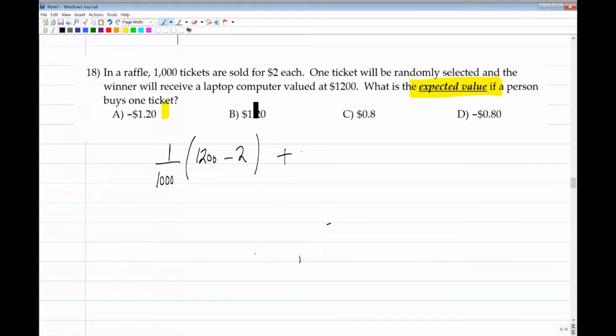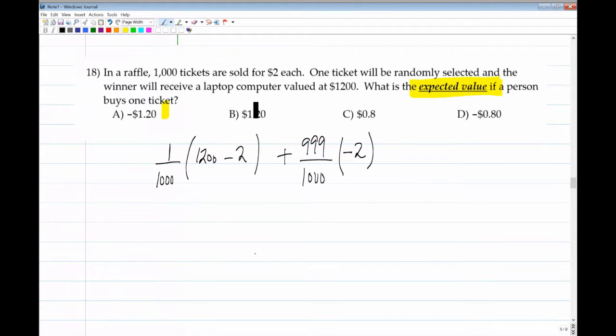Now, the rest of the people, the other 999 people out of 1,000, will end up not winning the game. So they end up losing whatever they paid.